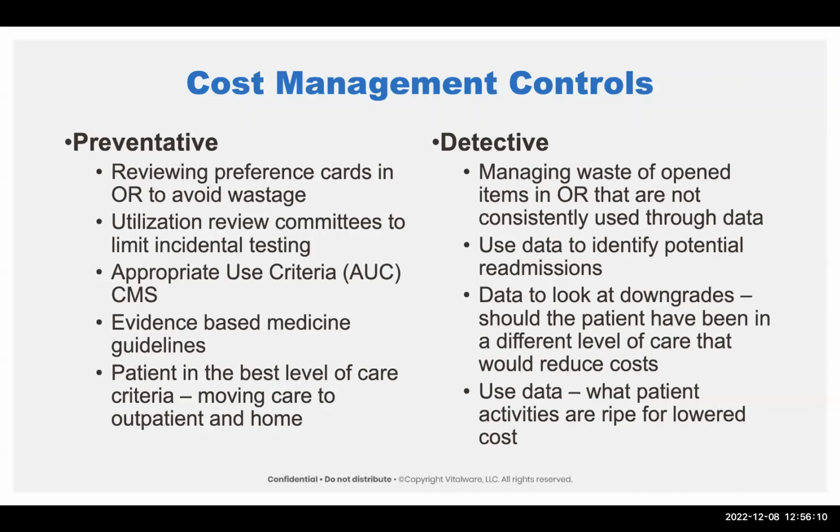We see a lot of fights with insurance payers on status, and a lot of times I see that it's just a fight about reimbursement. But the question is, if they're in an inpatient setting and they go home to nothing, was that status correct? Or should they have been in observation and created a discharge plan that had home health? So we start to see these old walls coming down.